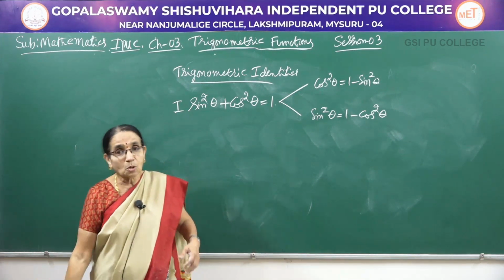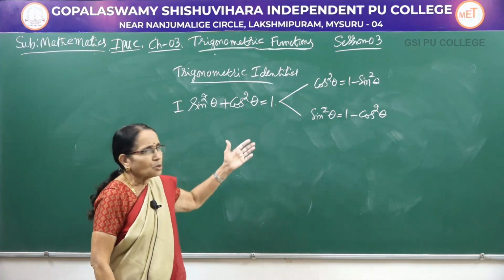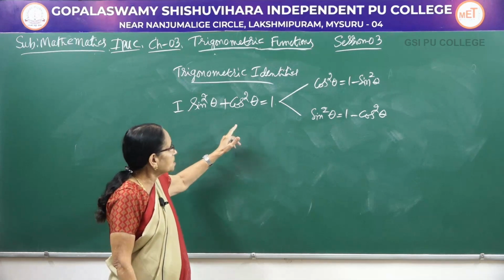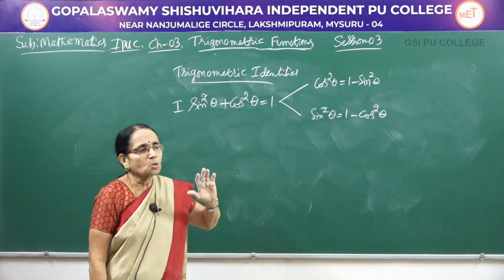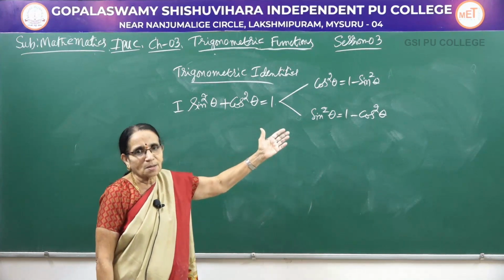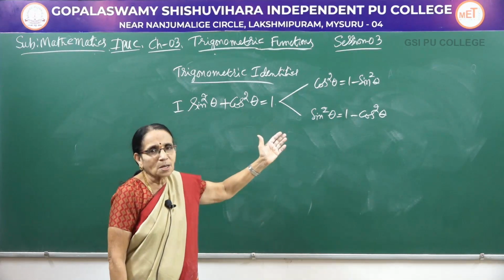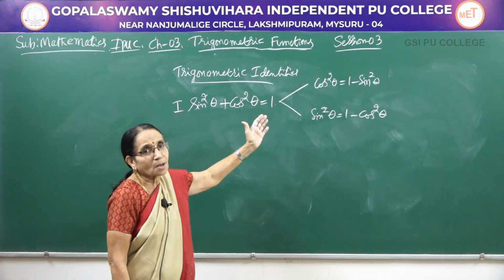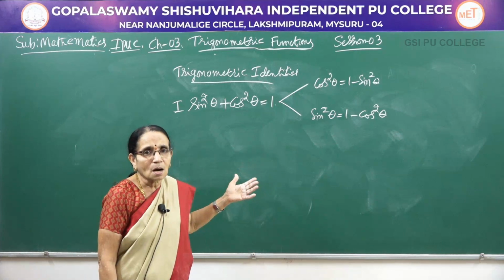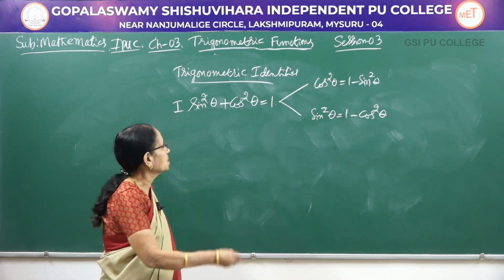When you learn more about trigonometry, somewhere or the other we will be using them. So, each identity can be expressed in 2 different ways. Here cos square theta can be written as 1 minus sin square theta. Suppose you come across 1 minus sin square theta, you can write it as cos square theta. Similarly, sin square theta can also be written as 1 minus cos square theta.